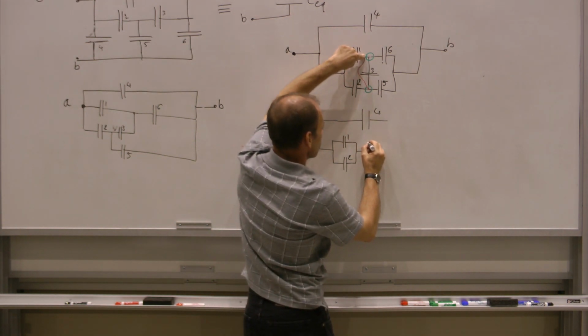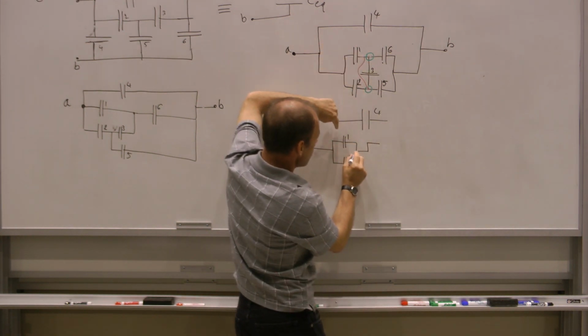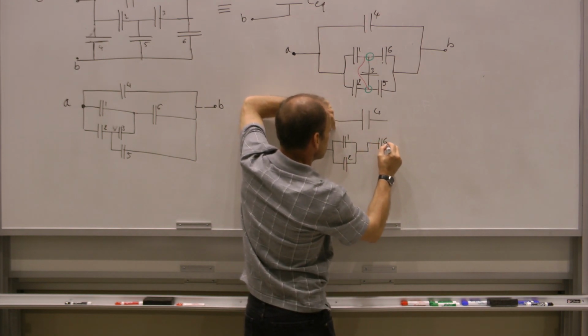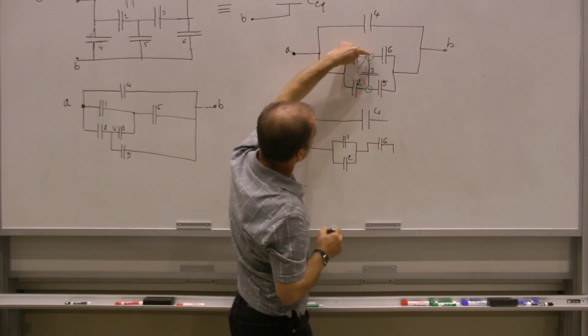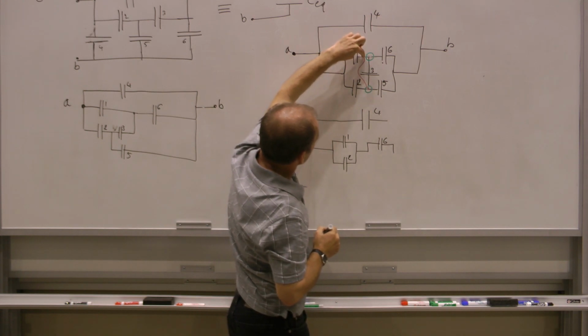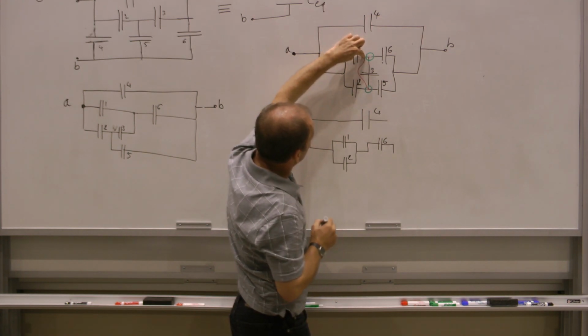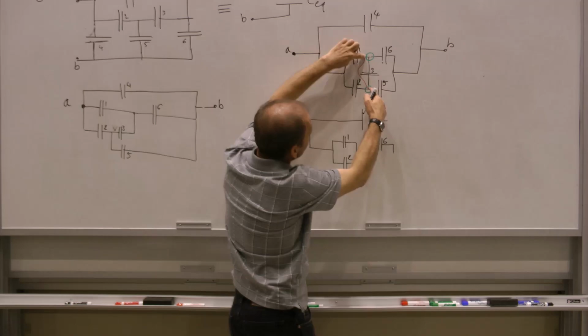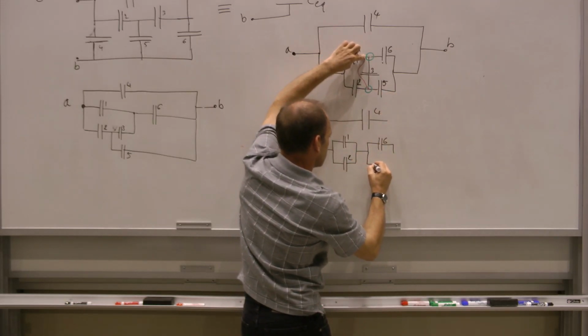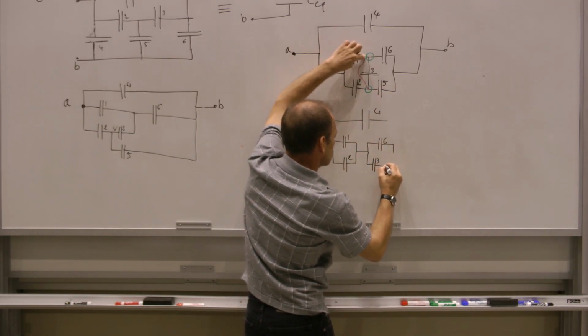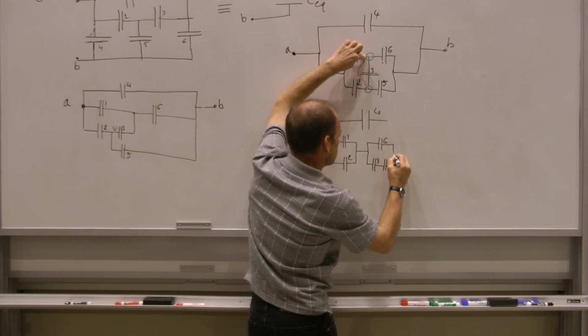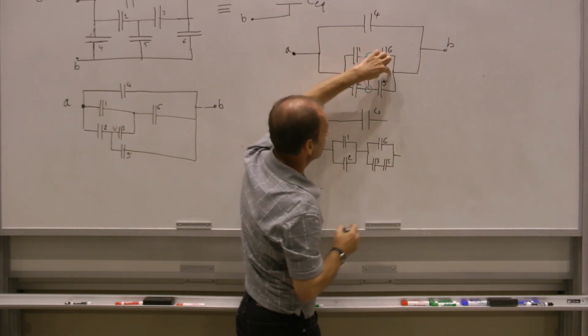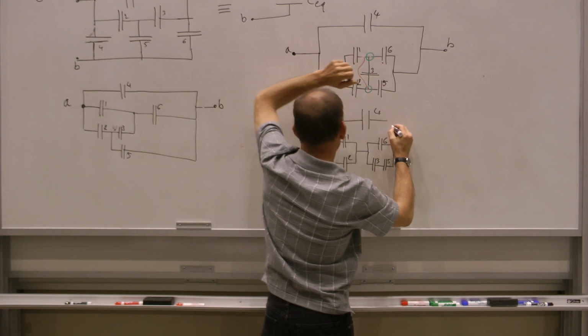And then what do I have? Well, in continuation to 1, I have capacitor 6. And in continuation to this lead, I have 3 and 5 that come together. And at the end of this, I go back to B.